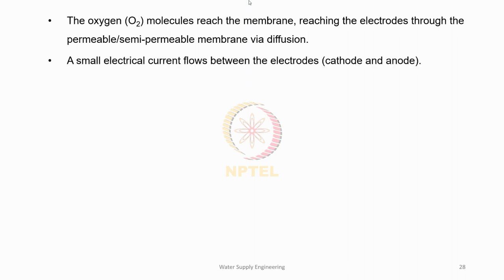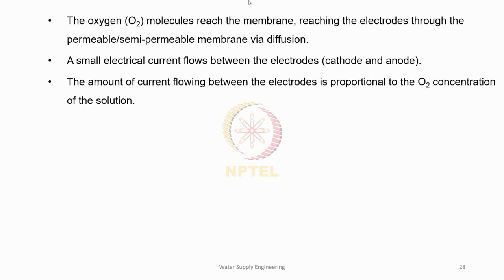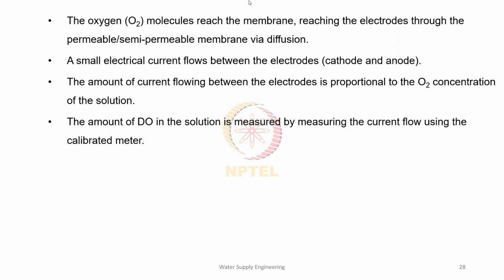Then, obviously, a small electrical current will flow between the electrodes, that is between cathode and anode, and the amount of current flowing between electrodes is proportional to the oxygen concentration of the solution. So that is how DO is typically measured.